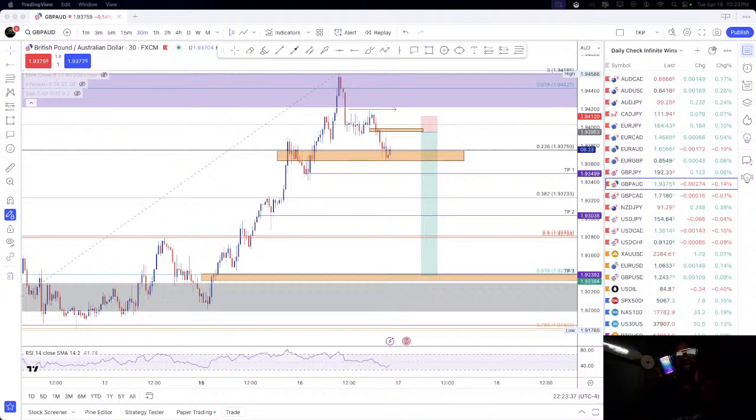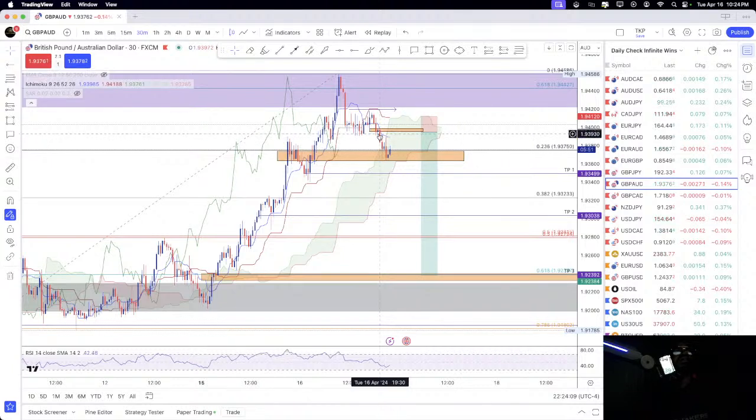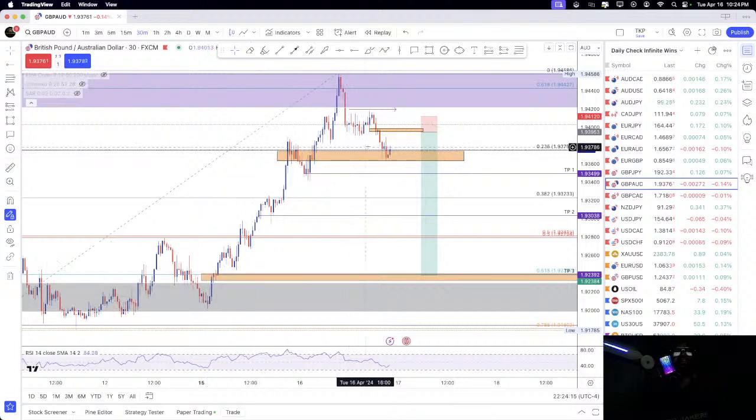Pound AUD. Oh, hold on one second. I just saw that this thing, well, we saw that earlier, but this thing fall right inside of this cloud on this Ichimoku indicator. So that is another hit as far as confluence on that trade setup.